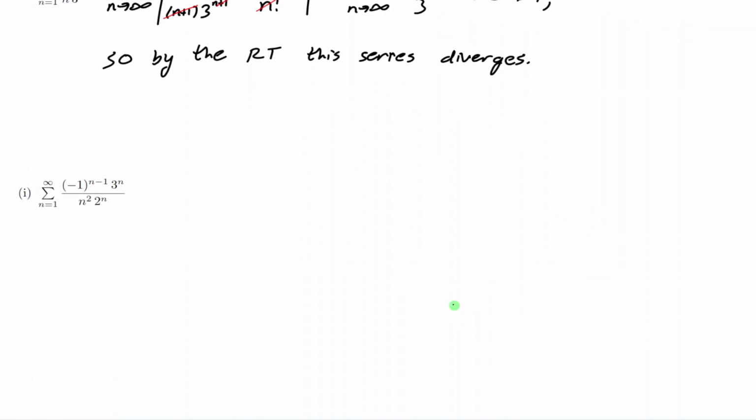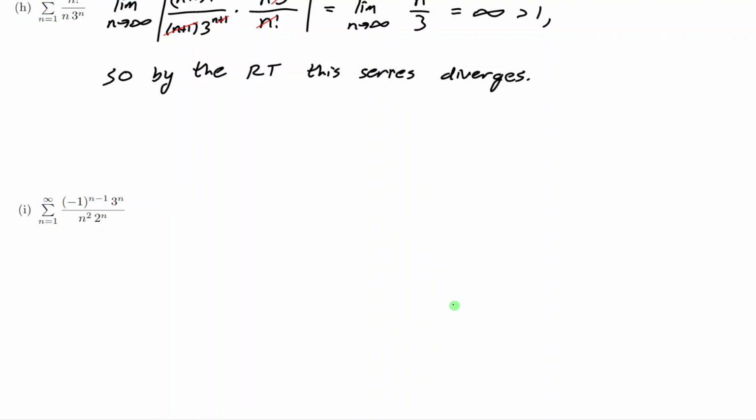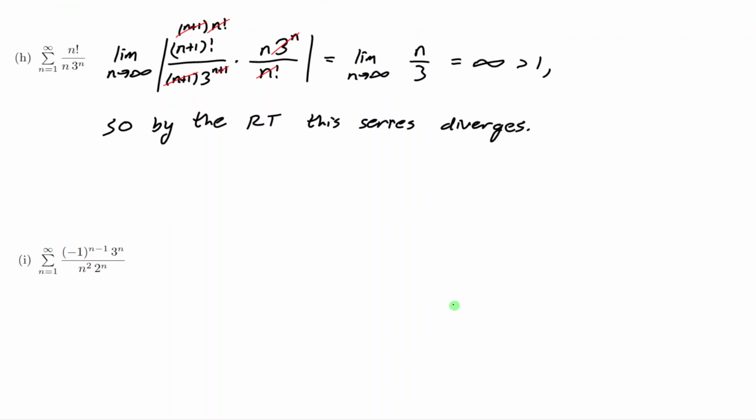And then in the next part, and that's the last one in this group, let me scroll up so that can stay on screen there. We're going to take the limit as n approaches infinity. Again, same setup. We'll take a sub n plus 1. That's going to look like negative 1 to the n plus 1 minus 1, which will just be to the n.